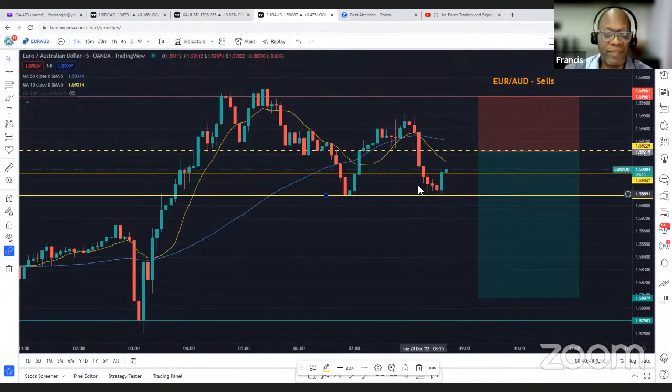I saw the price approaching this and did not enter because I knew it might reverse. That's exactly what happened here. It came as low as this and pushed back up. So what I now want is for it to go up, and I would jump in somewhere around there. Okay, let me show you what I was talking about.